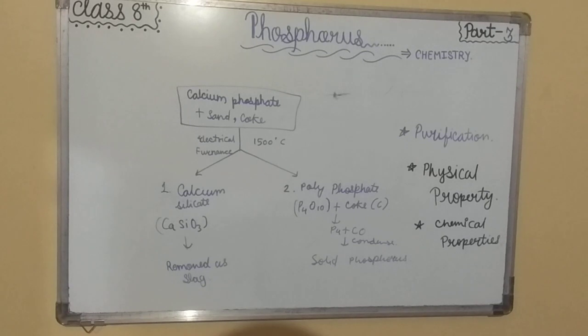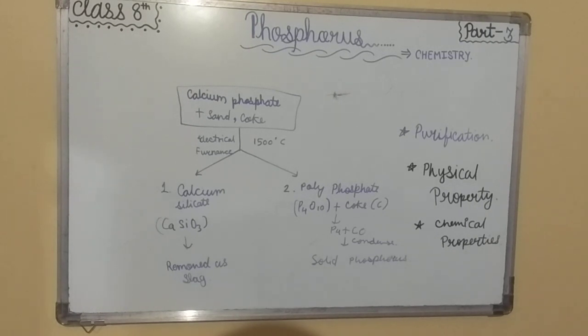Fourth is caustic alkalis. 4P plus 3NaOH plus 3H2O gives PH3 plus 3NaH2PO2. Fifth is chlorine. With chlorine, phosphorus gives two compounds. 2P plus 3Cl2 gives 2PCl3.